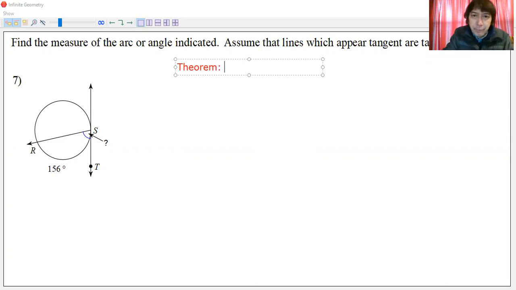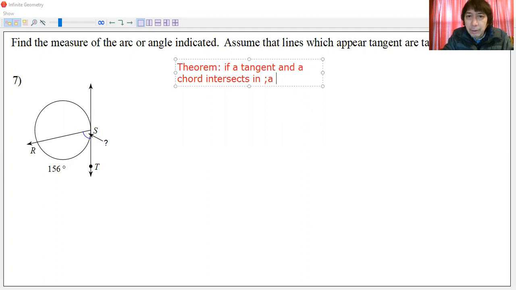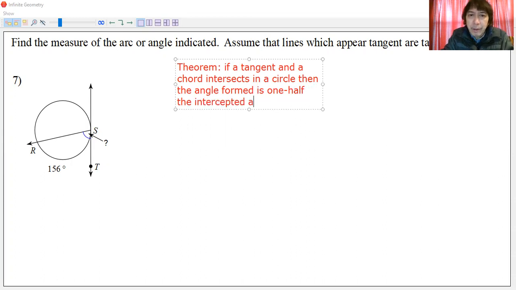Okay, so if a tangent and a chord intersects in a circle, then the angle formed is 1/2 the intercepted arc.